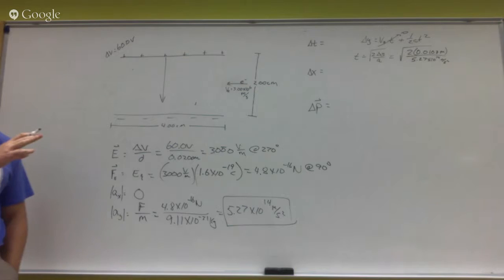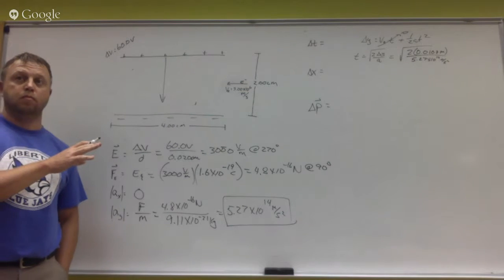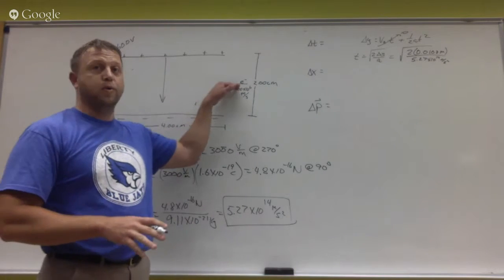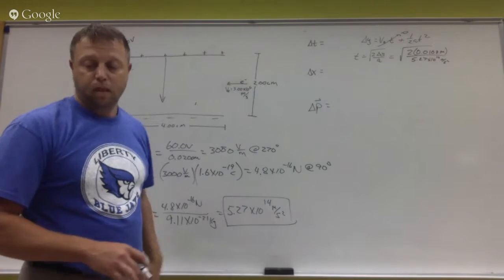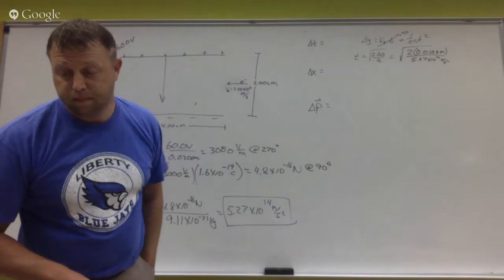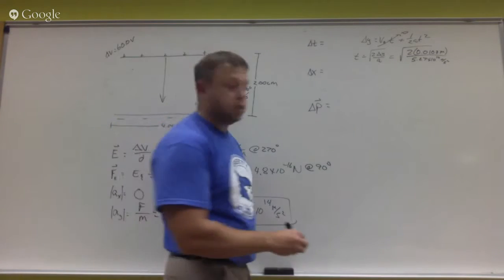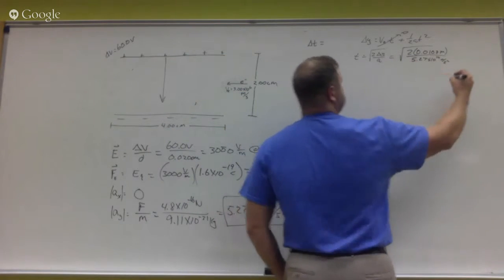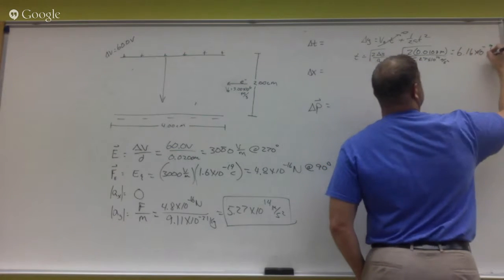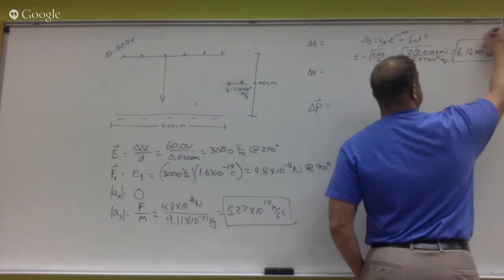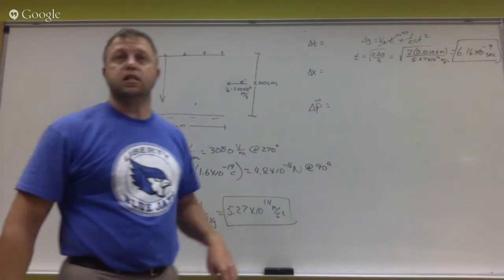Everyone understand why I used the 0.01 meters? Because I said this is right in between, right? So it's only going 1 centimeter. Should take a while, a couple of days probably, 6.16. So 0.16 times 10 to the negative 9 seconds.